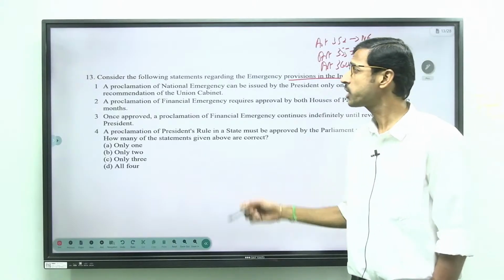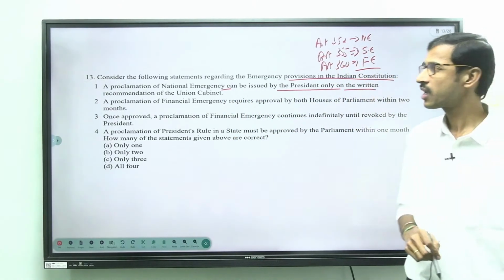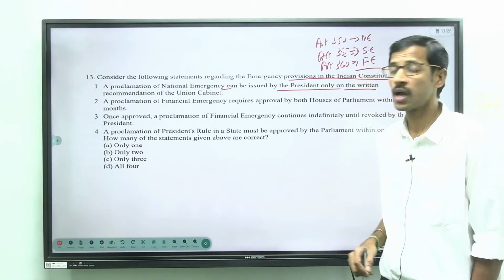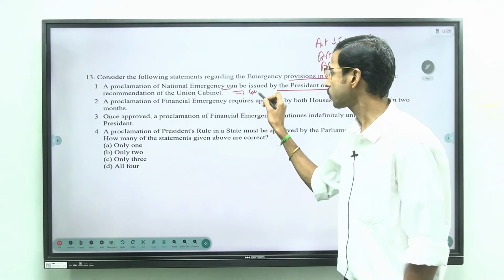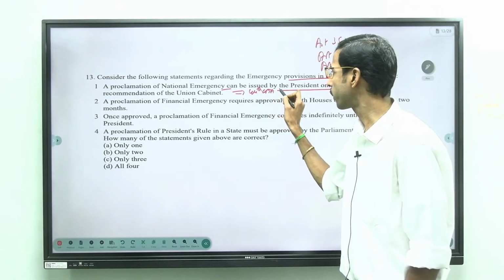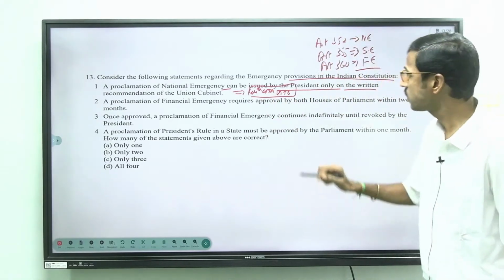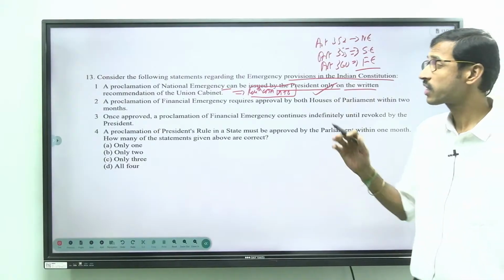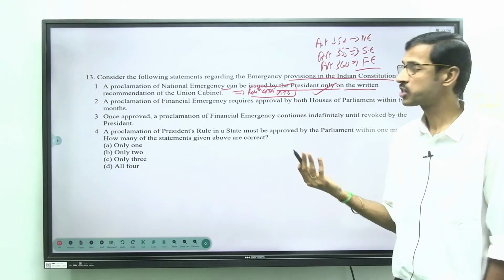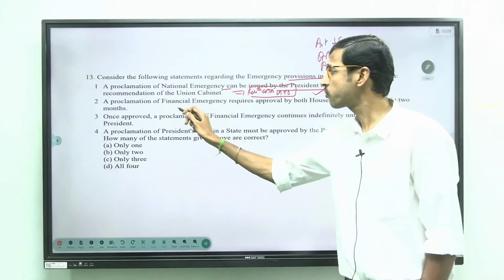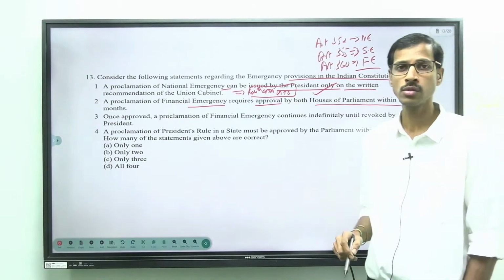So here, proclamation of national emergency can be issued by the President only on the written recommendation of the Union Cabinet, right? This was introduced by the 44th Constitutional Amendment Act, 1978. So this is correct. Proclamation of financial emergency requires approval by both houses of Parliament within 2 months, right?